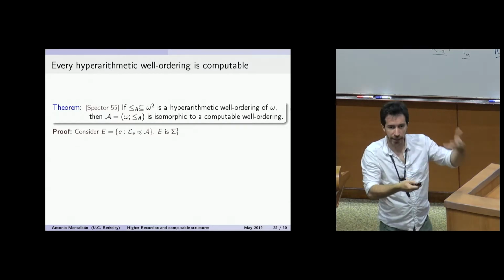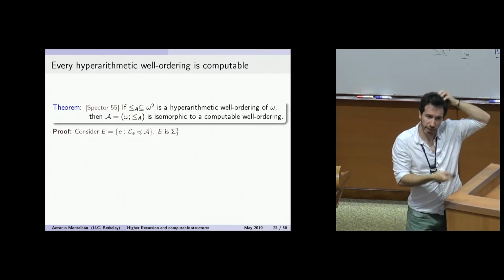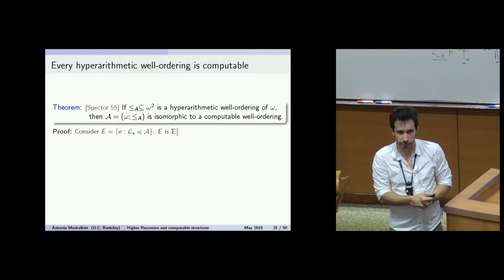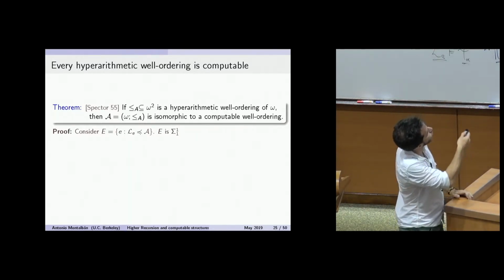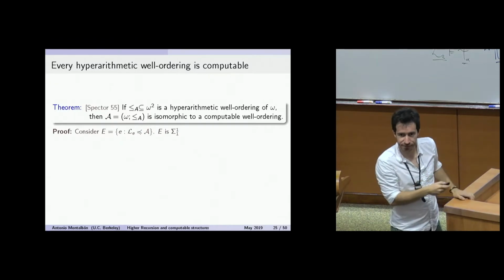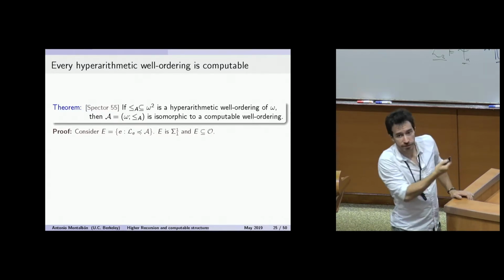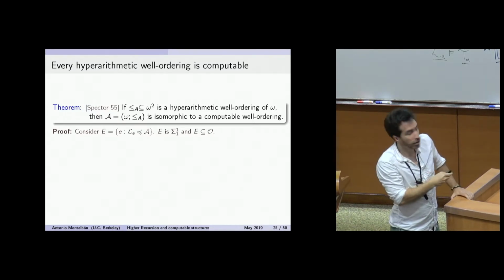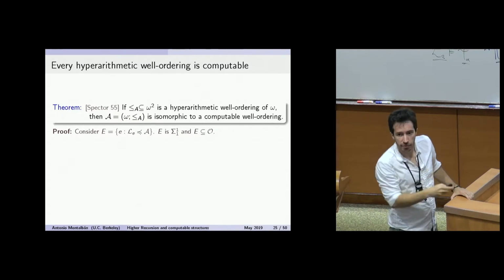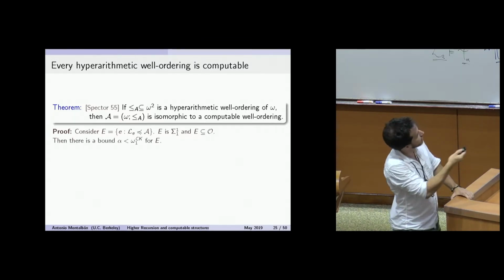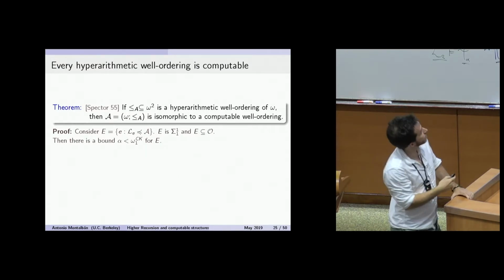There exists an embedding into something that is hyperarithmetic, that's Sigma^1_1, because hyperarithmetic is also Sigma^1_1. It's Sigma^1_1, and it's contained in O because these are all well orders. So by Sigma^1_1 bounding, there is a computable ordinal alpha, a bound for this set.